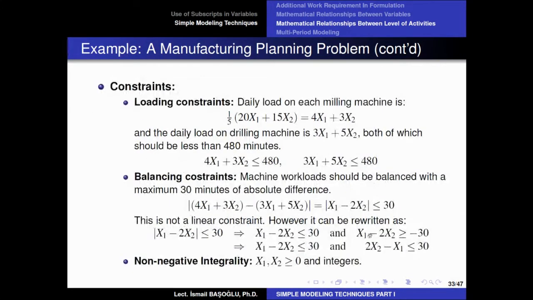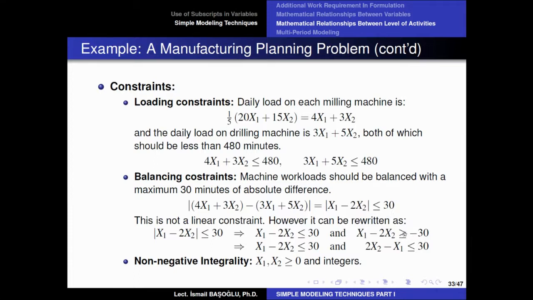And we have just learned that if an absolute value function is bounded by an upper bound in the form of a less than or equal constraint, then we can instead write two constraints without the use of any absolute value, and we can say that the inner function in the absolute value should be less than or equal to 30, while it should also be greater than or equal to minus 30.